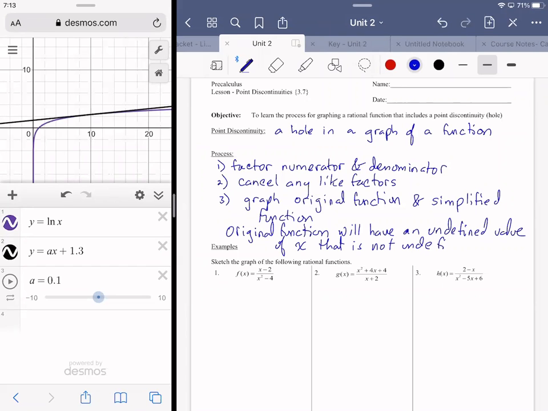This is the mother of all run-on sentences, but just bear with me.